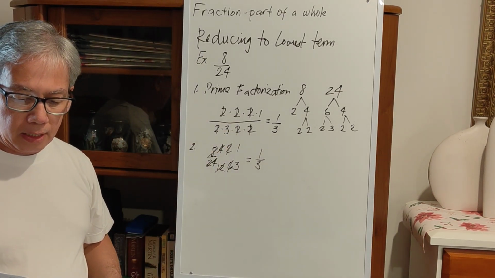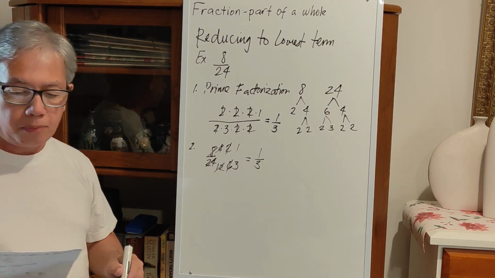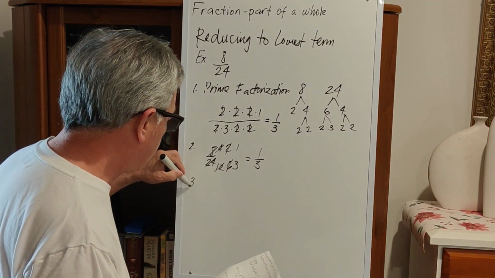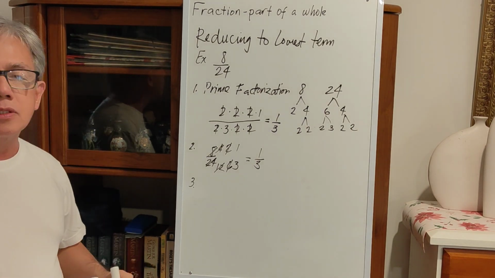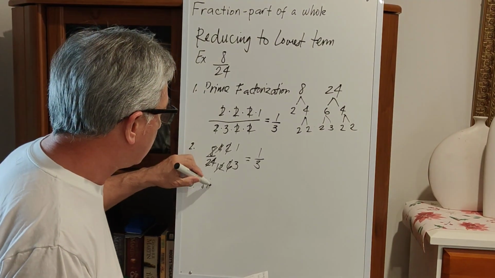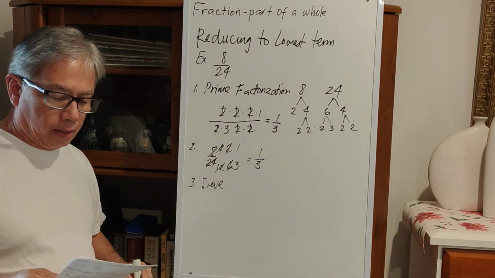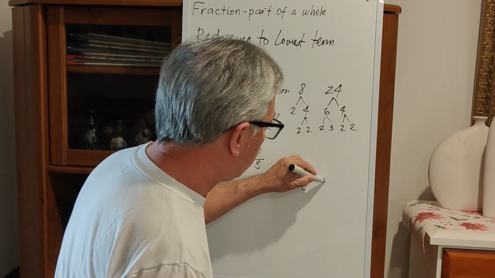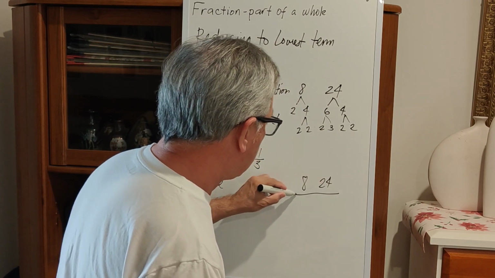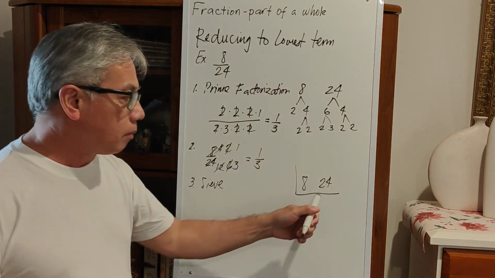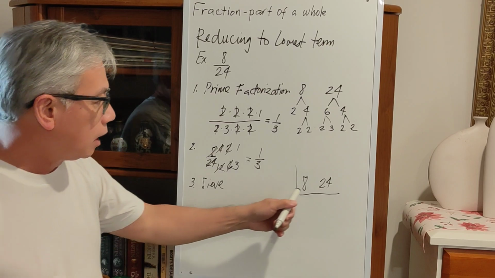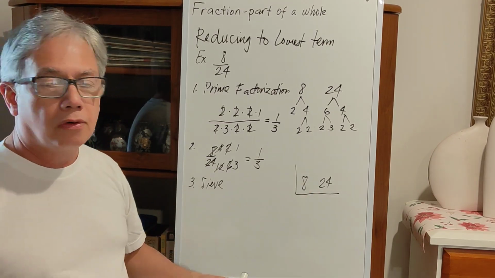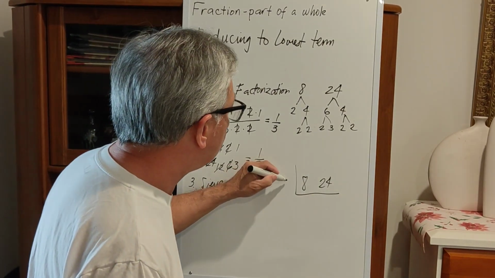Now the third way of reducing is what we call the lowest term sieve. So for example, we rewrite 8 and 24. We think of a number that can divide both 8 and 24. We can divide by 2.